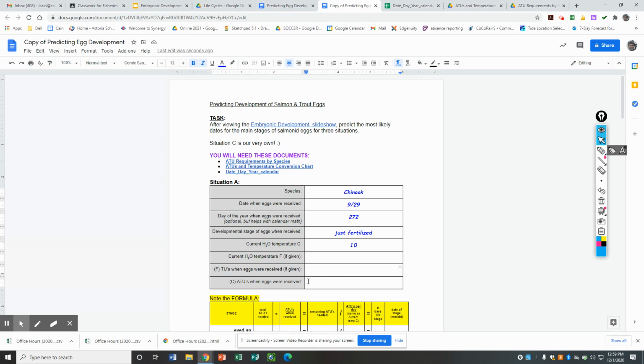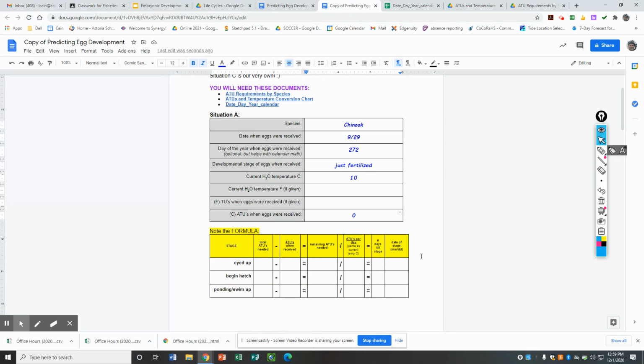We want the metric ones, which is ATUs. So the ATUs when these are received, well, these eggs were just fertilized, so how much heat is accumulated? No heat has accumulated. So they're starting from scratch, because they are just fertilized eggs.